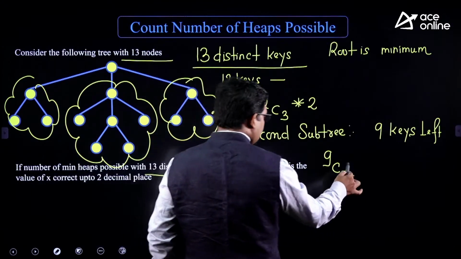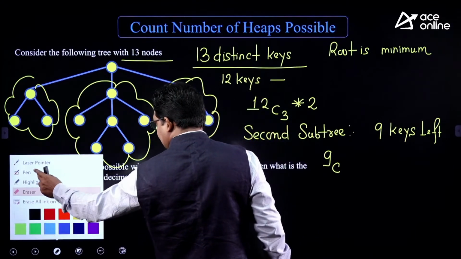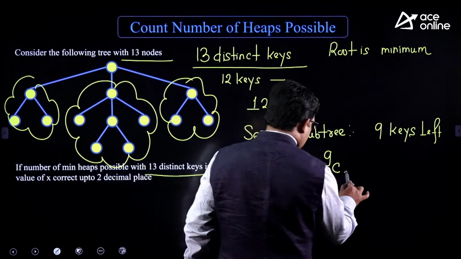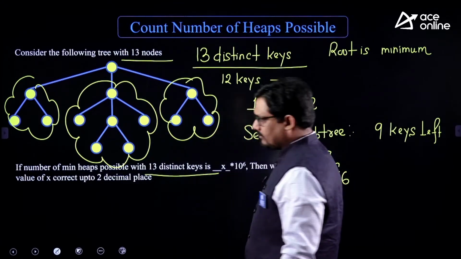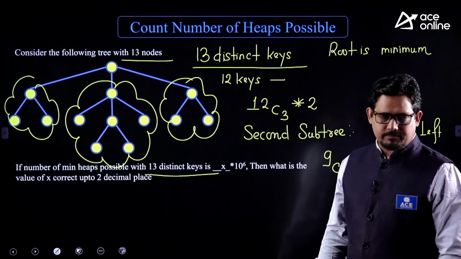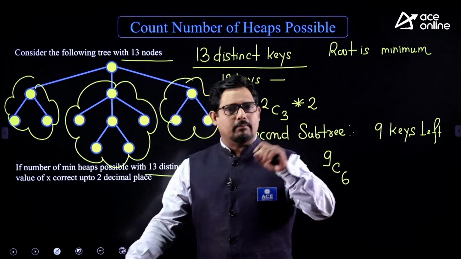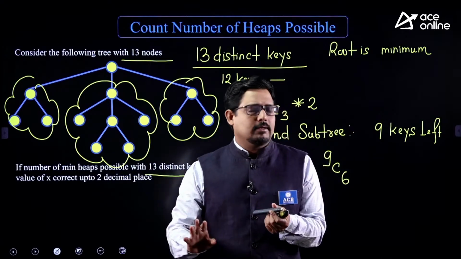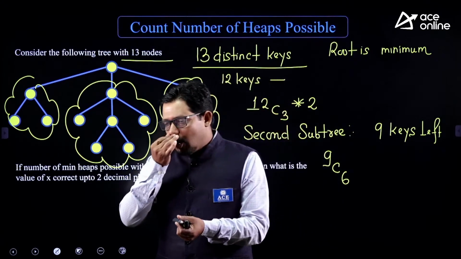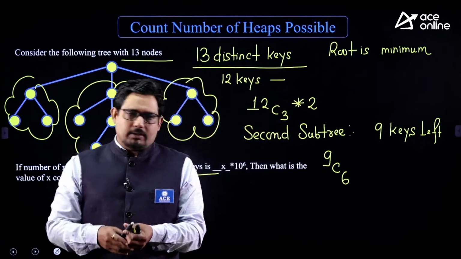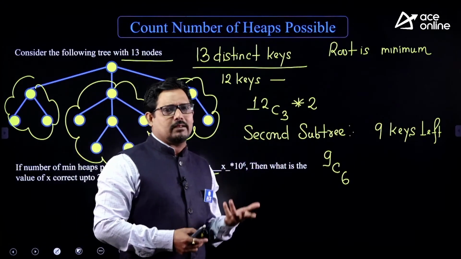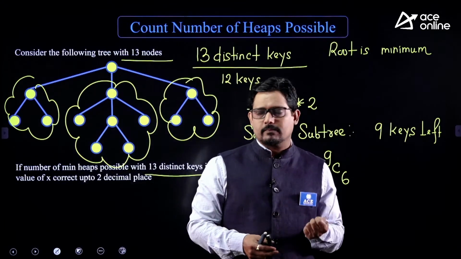Both are the same, since nCr is equal to nC(n minus r), but I will write 9C6. This is the number of selections. Among these 6 keys, one will become the root, the minimum, because they are distinct. Again, there is no question of repetition, so it's a simple counting problem actually.